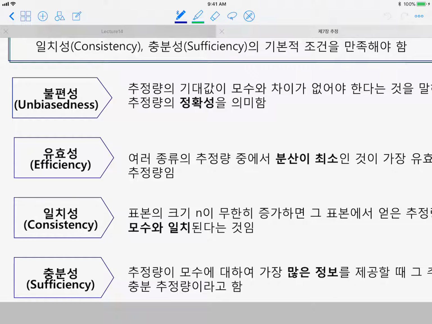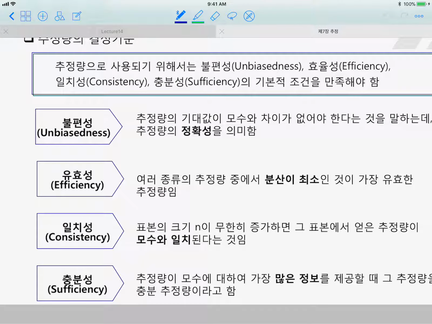Zero variance means the distribution will be really sharp at the single observation value, right? In that case, that value will be the true parameter value that we want to estimate. So that is called the property of consistency.